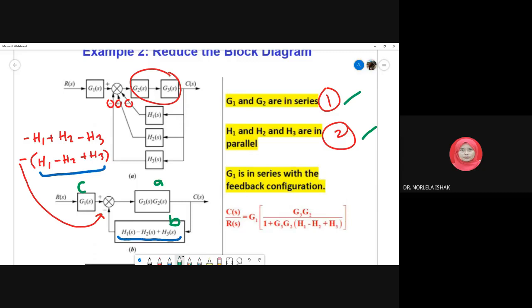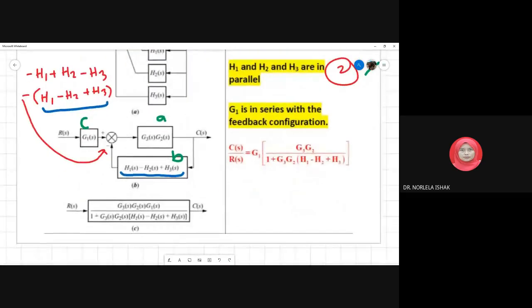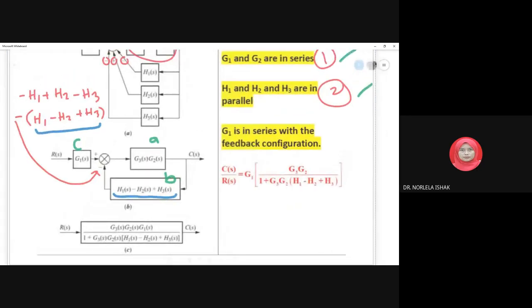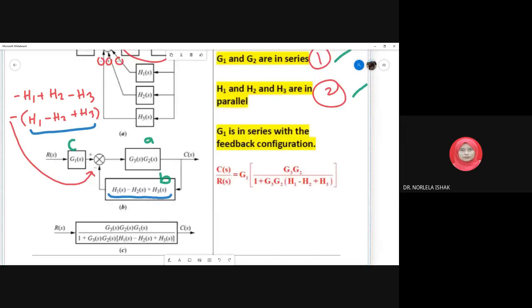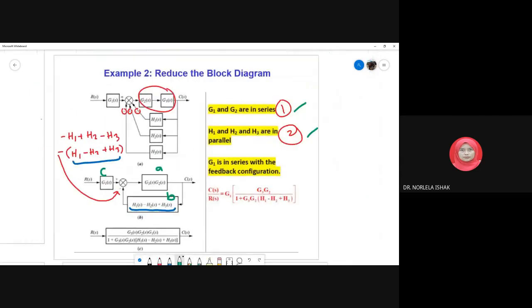Dia dah bagi transfer function tadi. So you have to solve A and B first.